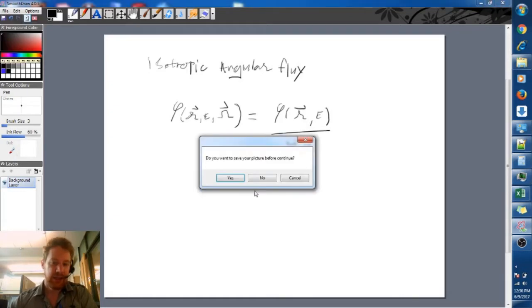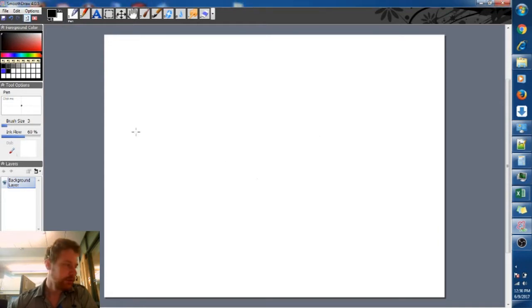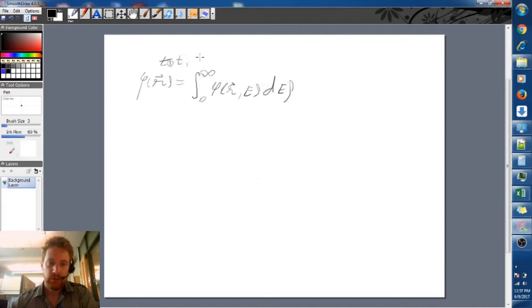And the last thing I wanted to cover is you can also have some special energy groups. We've already gone over the total neutron flux, phi of r, which just equals the integration from 0 to infinity of the energy dependent flux. This is the total neutron flux.